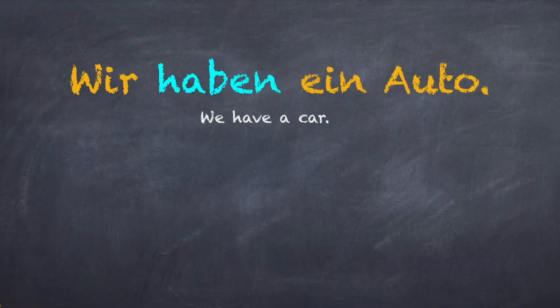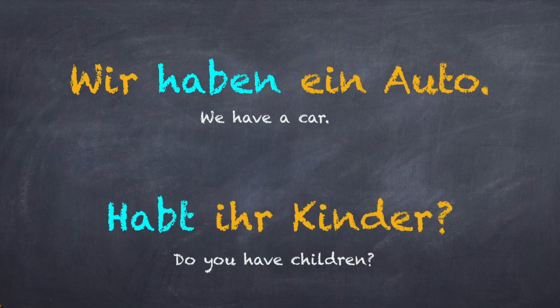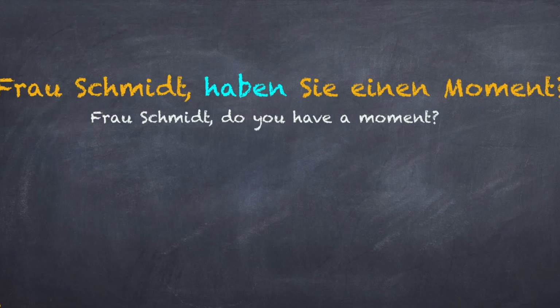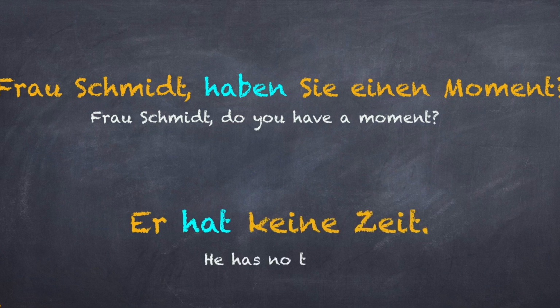Wir haben ein Auto. Habt ihr Kinder? You can always refer back to the table to make sure about the conjugated verbs according to the subject. Frau Schmidt, haben Sie einen Moment? Er hat keine Zeit.